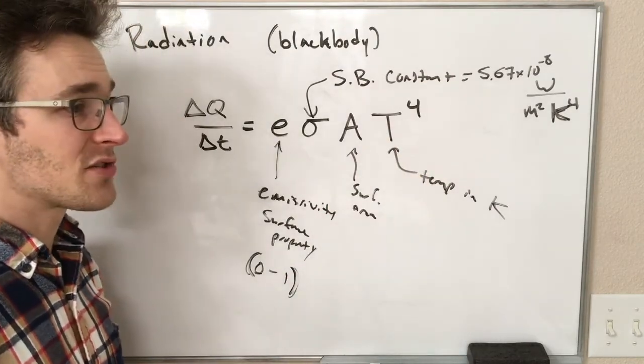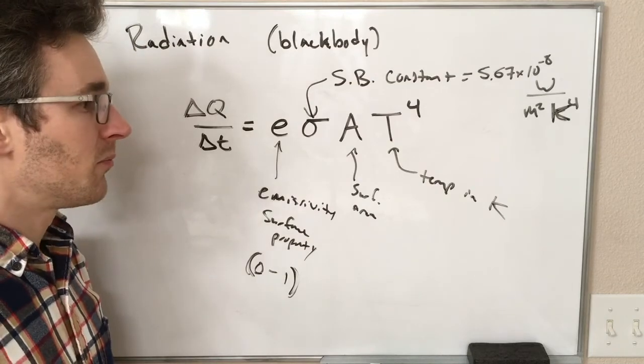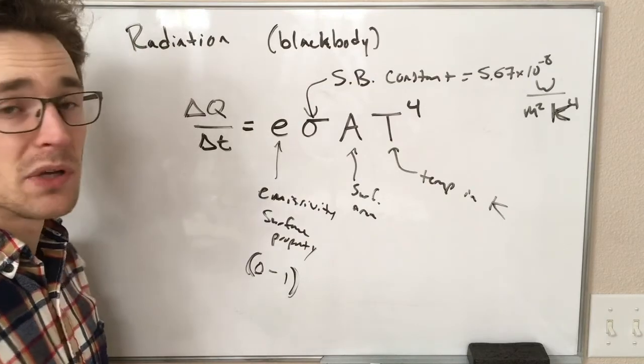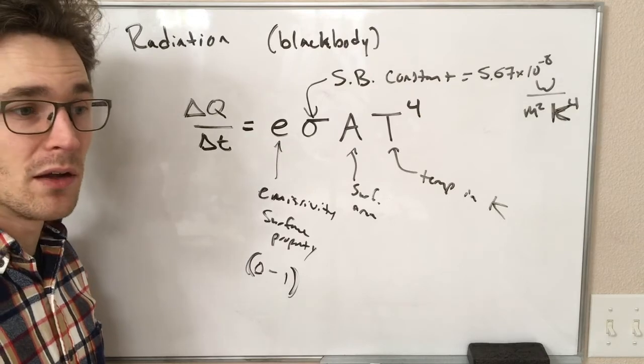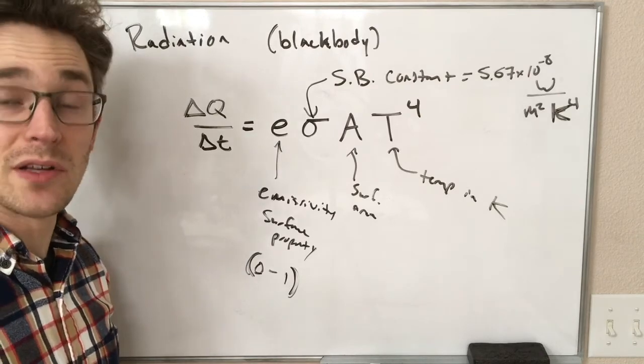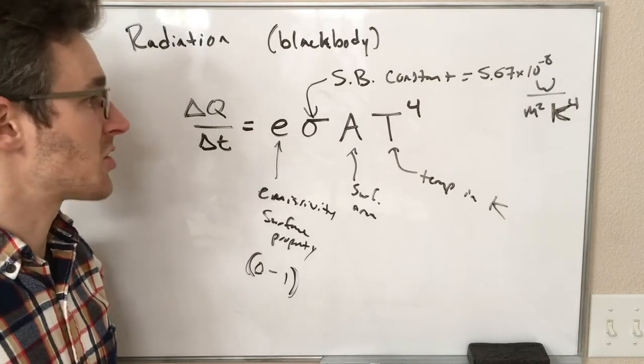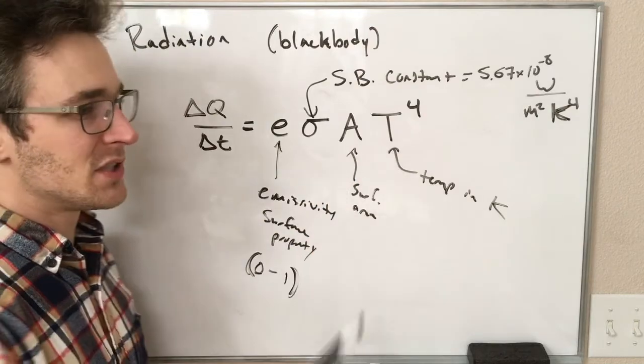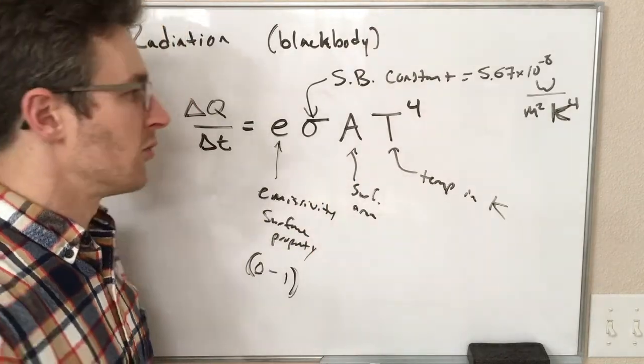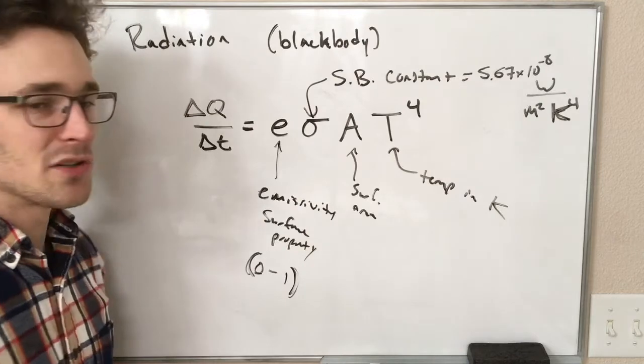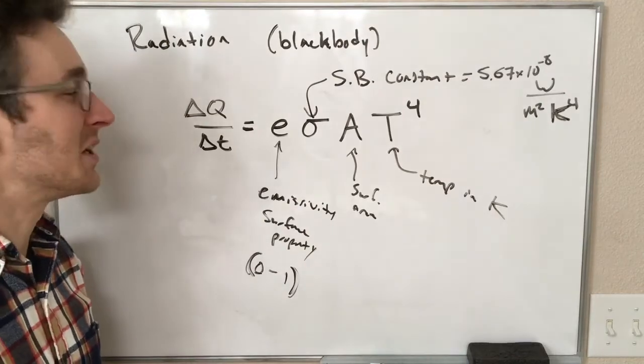For objects that are really hot, their radiation becomes much more important than conduction, or even, in many cases, convection. If T is several thousand Kelvin, several thousand to the fourth is going to get very, very big.